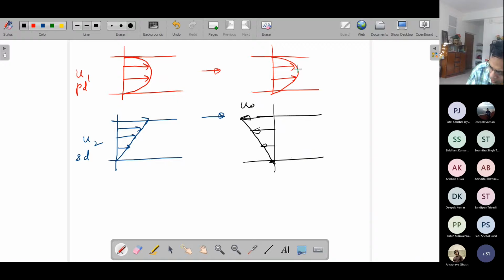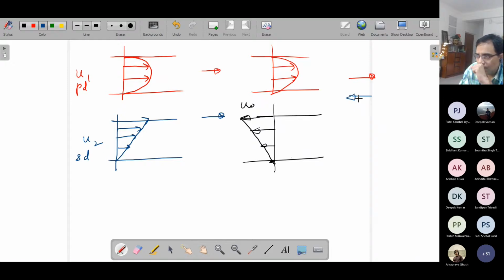So there will be some forward motion driven by the pressure driven component and the backward motion which is given by this one.